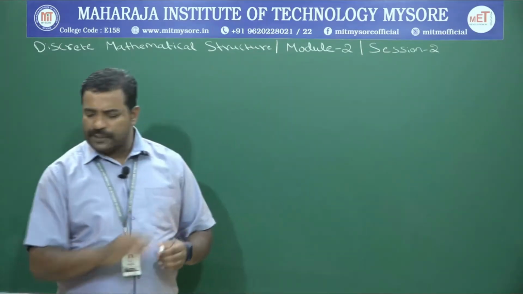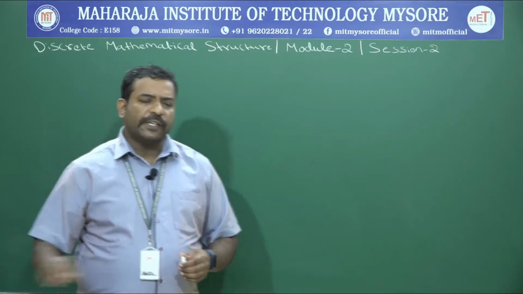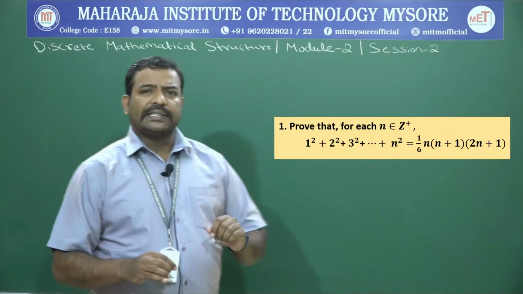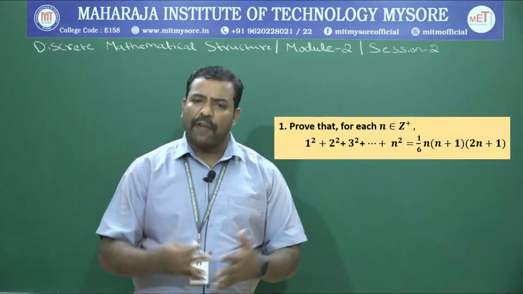The first problem is the sum of the squares of the first n natural numbers.